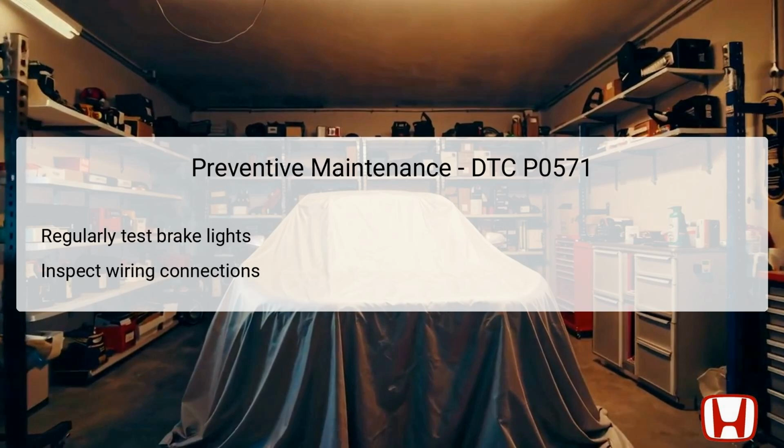Additionally, inspecting wiring connections for corrosion or loosening can prevent future failures in the brake pedal position switch circuit. Regular maintenance will not only enhance safety, but can also reduce the likelihood of diagnostic trouble codes appearing in the future. In conclusion, DTC P0571 indicates a brake switch malfunction that demands thorough troubleshooting to ensure vehicle safety.